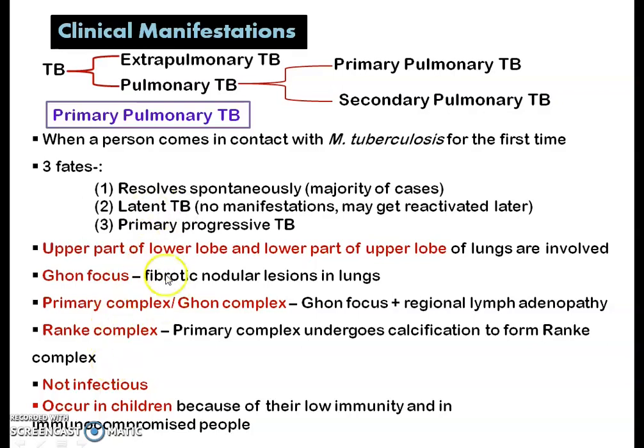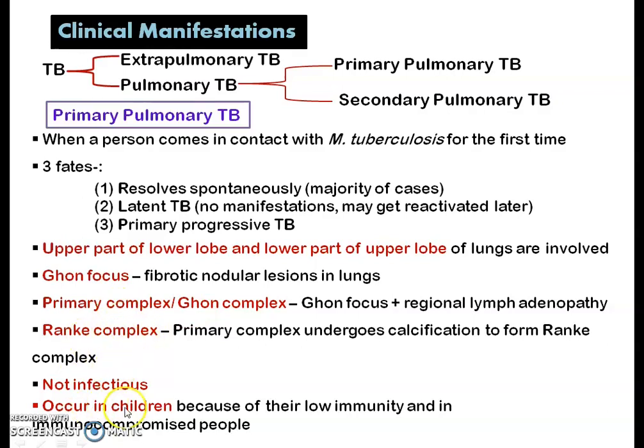These are the clinical features of primary pulmonary TB. First, the Ghon focus will appear, with fibrotic nodular lesions in the lungs, and it will progress into the primary complex when it spreads into the regional lymph nodes. The calcification of this Ghon complex will lead to the formation of the Ranke complex.